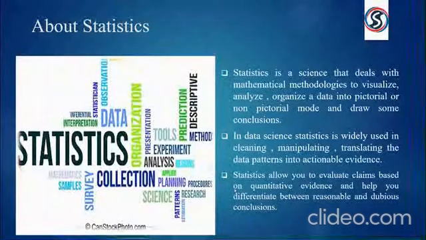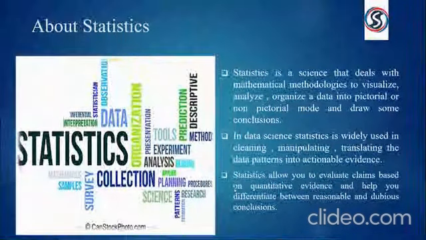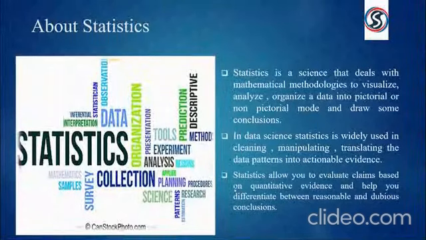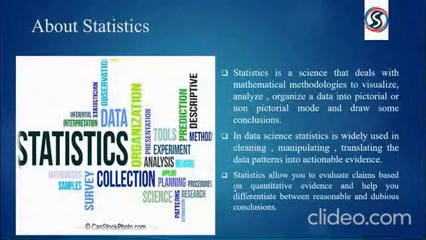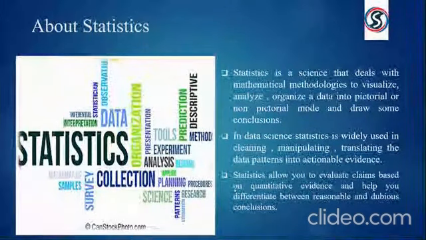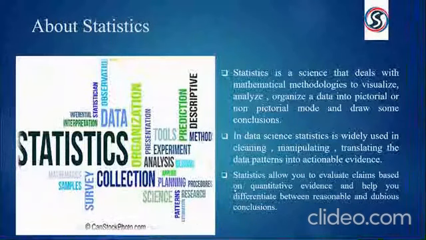In data science, statistics is widely used in cleaning, manipulating, and translating data patterns into actionable evidence. When we get data in data science, we get raw data, right? After getting the raw data, we have to clean it so that it gives us a predictive result when we pass it to machine learning models, or use the data for any of our data science projects.